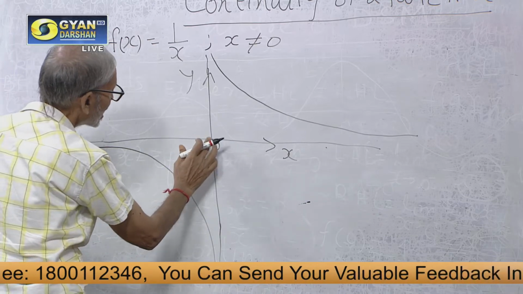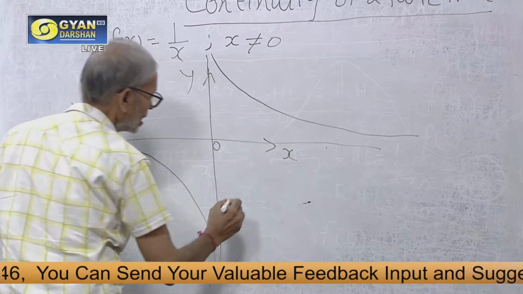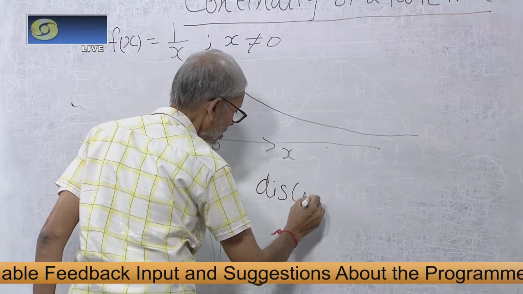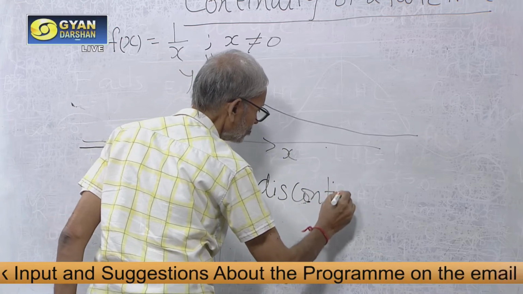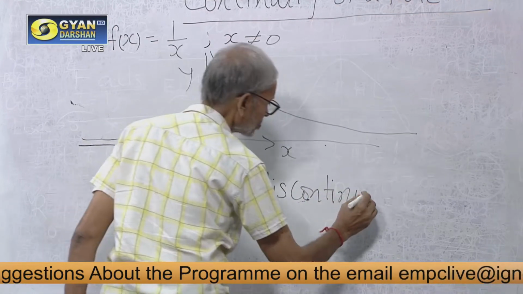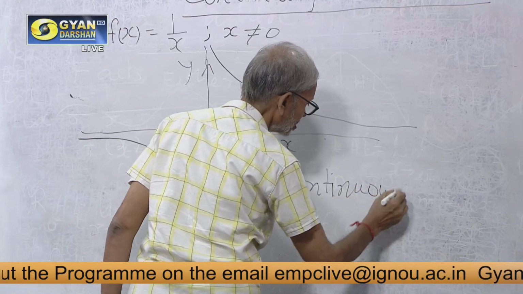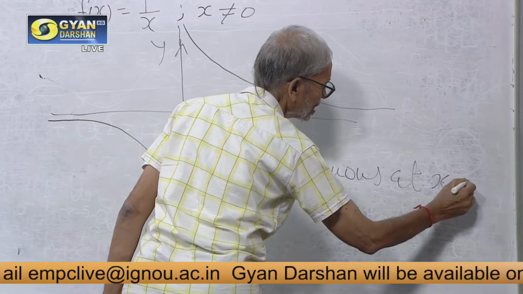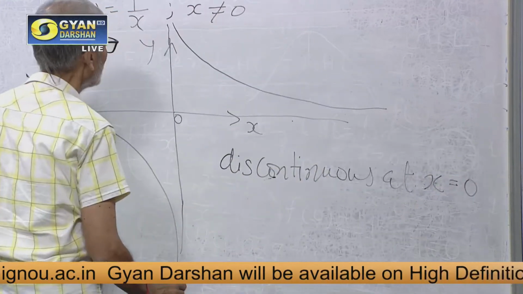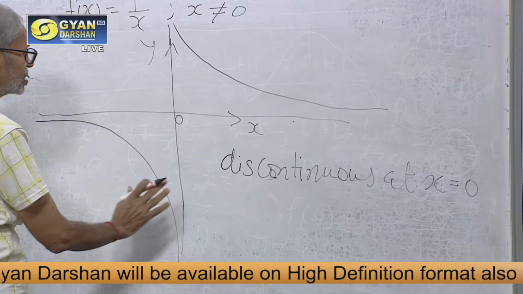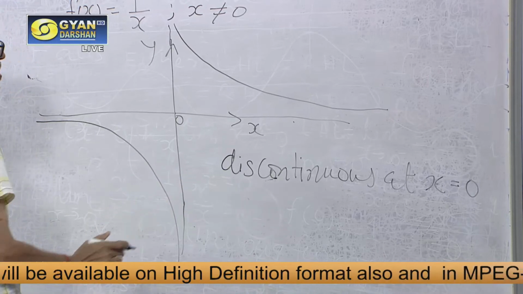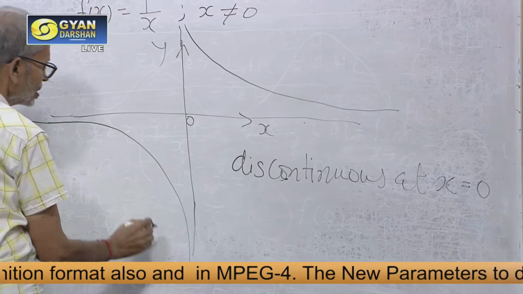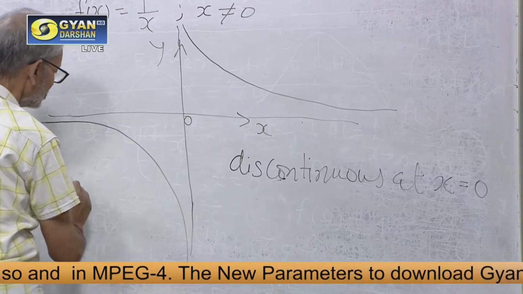So, it is not continuous, it is discontinuous at x is equal to 0. But for all other points, this is a continuous function. If you take any other point in the curve, this is continuous.